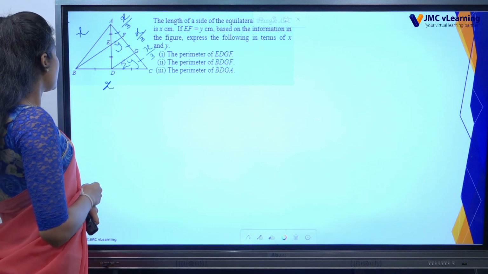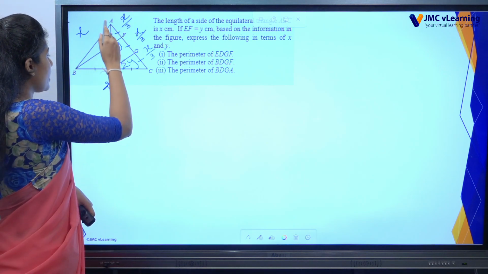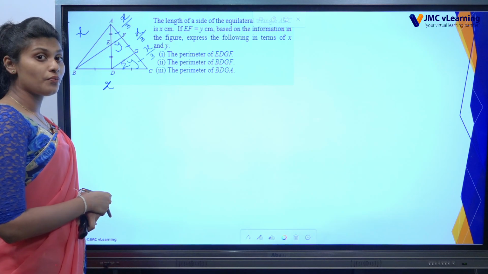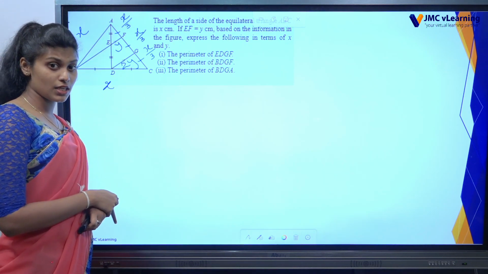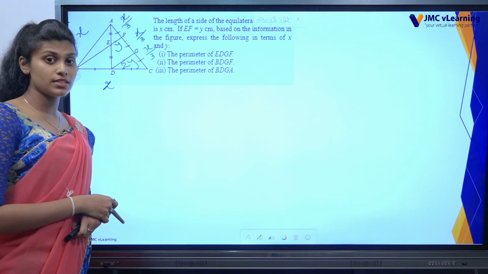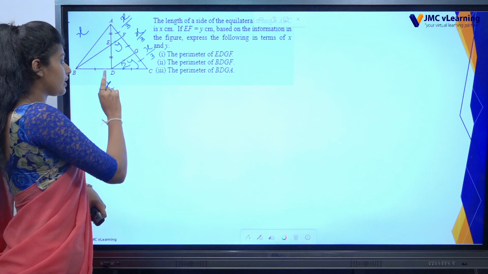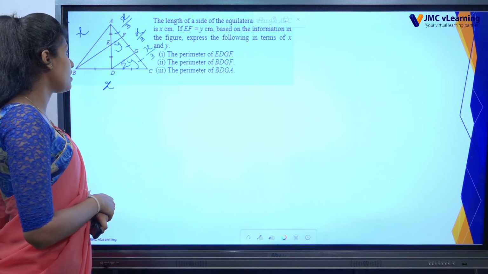Let's find: this ABD triangle and ADC triangle are congruent. Why is that? Here AB and AC are equal, given because this is an equilateral triangle, and BD and DC are also equal, they have given us as data.